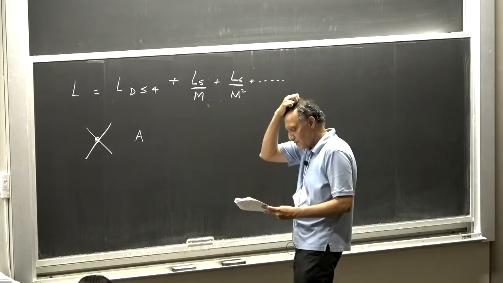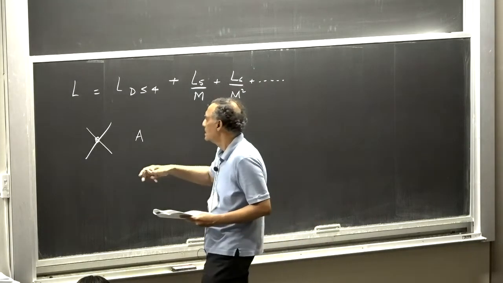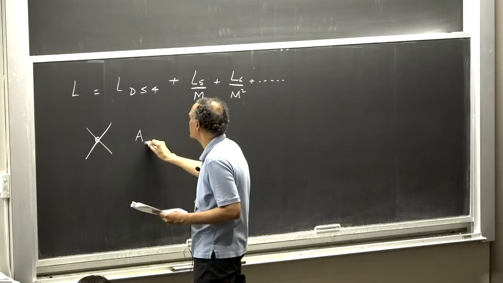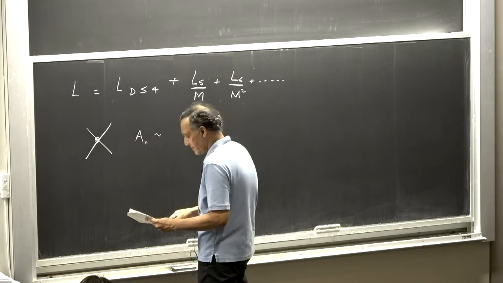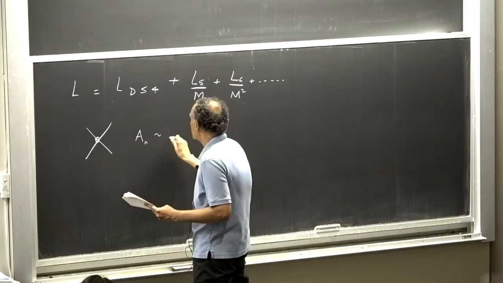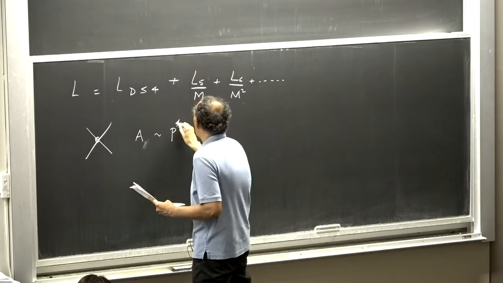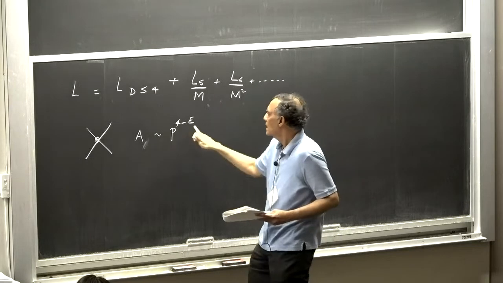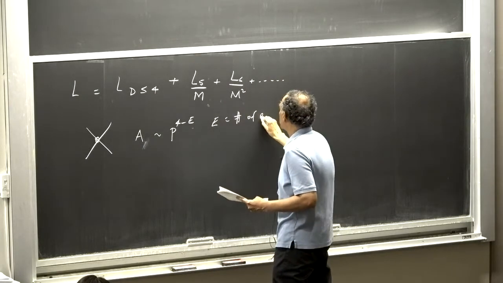So if you look at some amplitude like this with n external particles, this will behave like p to the 4 minus the number of external legs. Here, E is the number of external lines.